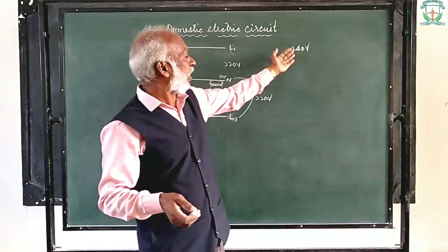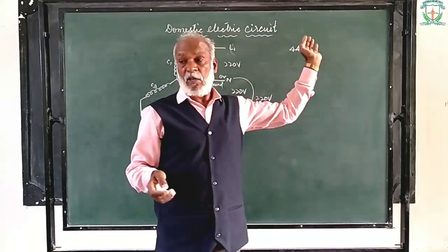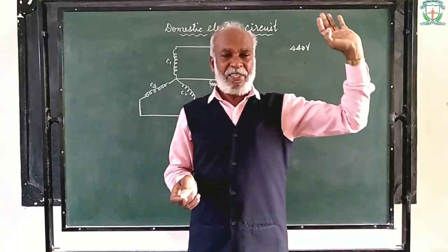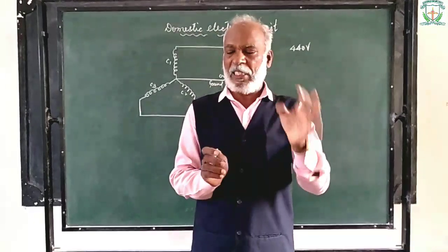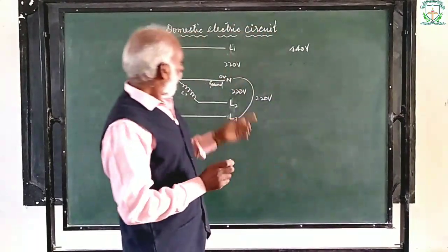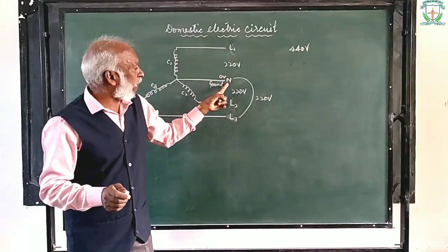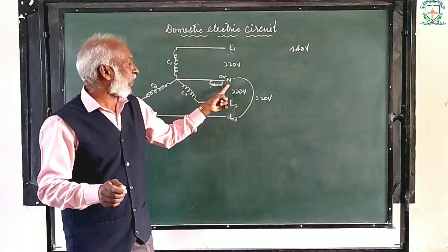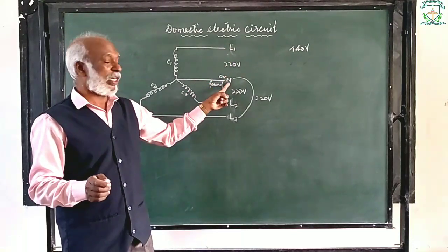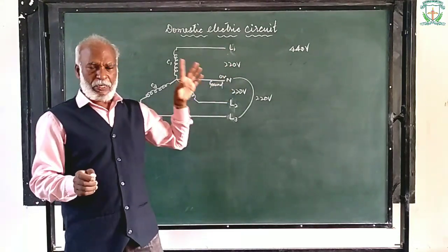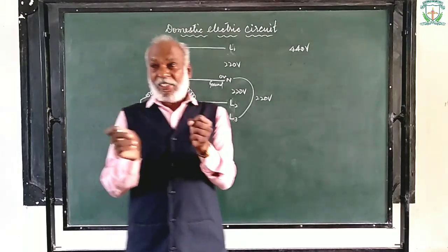For domestic applications, we take one live and one neutral wire, and the potential difference between live and neutral is 220 volts. So how to locate?